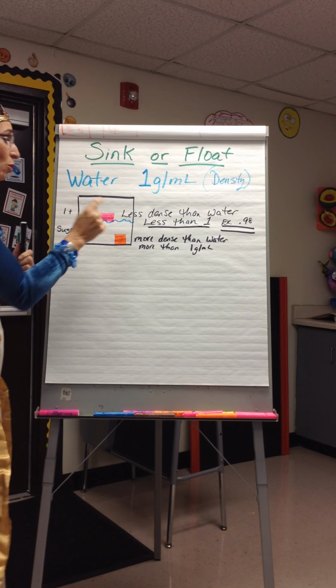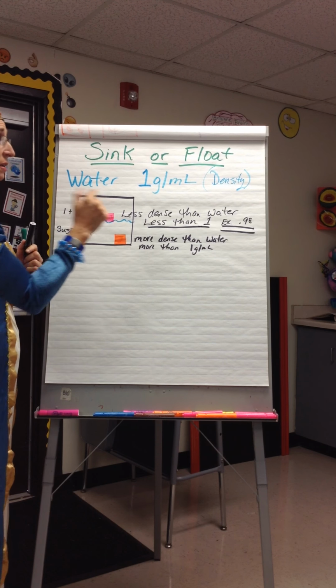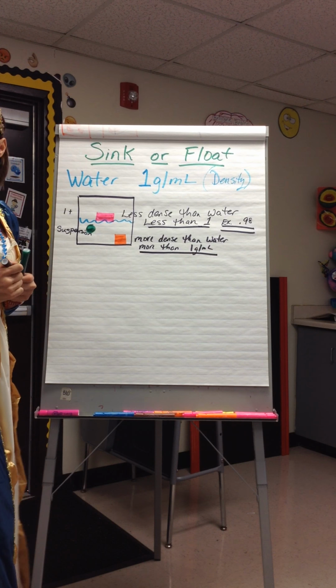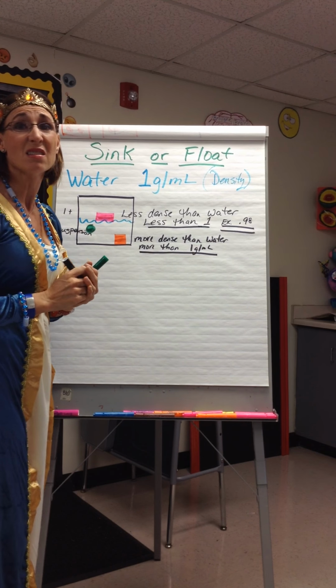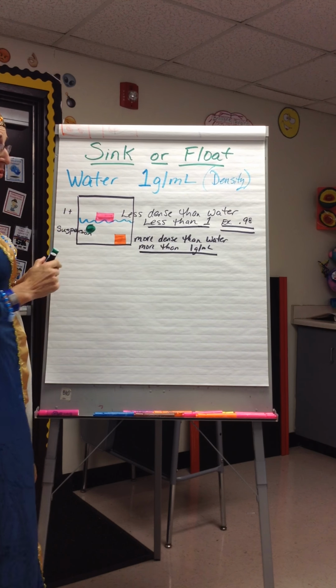So if it floats, it's going to be less than the number 1. If it sinks, it's going to be more than the number 1. Pretty easy, isn't it? All you need to remember is this is less than 1, this is more than 1.